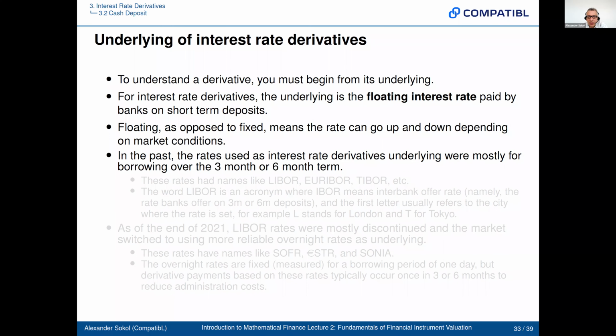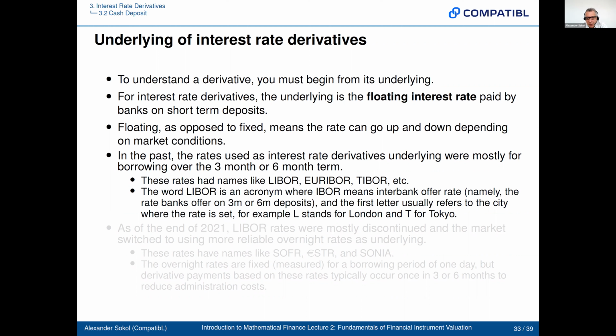And in the past, the rates used as underlying to interest rate derivatives were mostly for borrowing over the 3 months or 6 months term. And these rates had names like LIBOR, EURIBOR, TIBOR. The word LIBOR is an acronym where IBOR means interbank offer rate, namely the rates that the banks offer on 3 or 6 month deposits or other maturities. 3 and 6 months are most common.